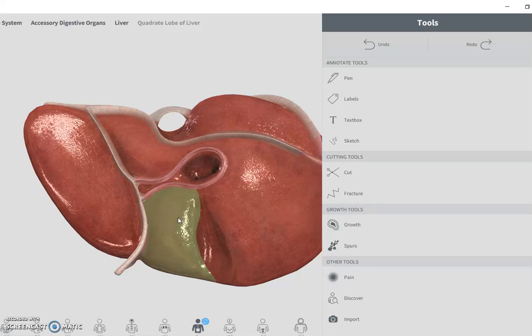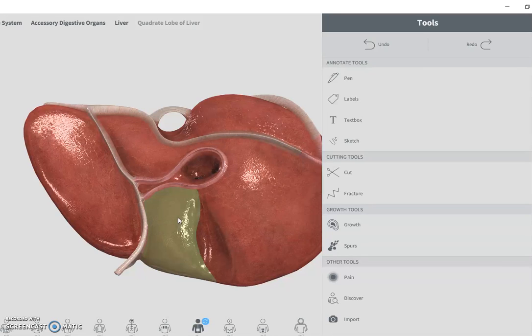Okay, when we want to find the caudate and quadrate lobes, they can be identified from the H shape.